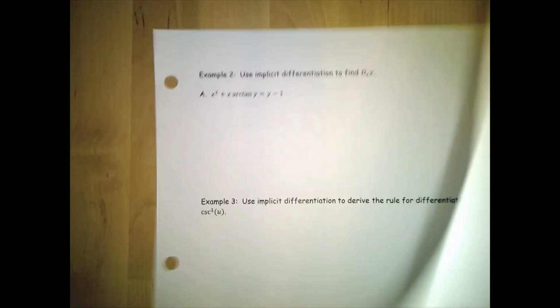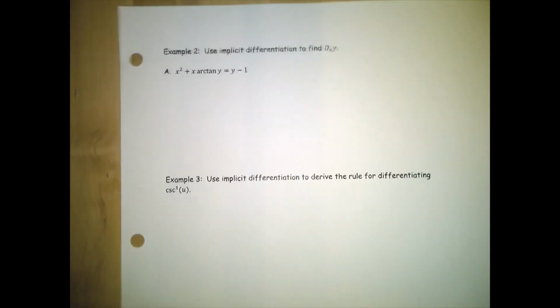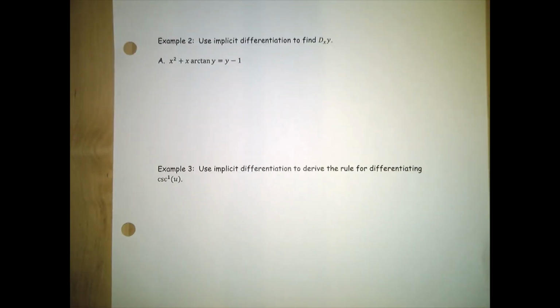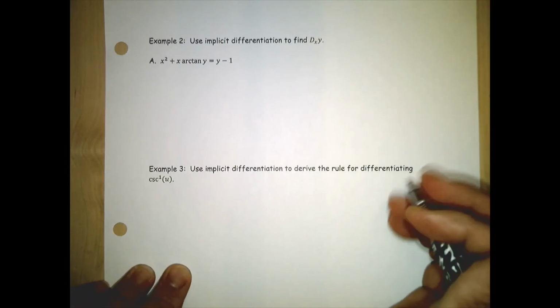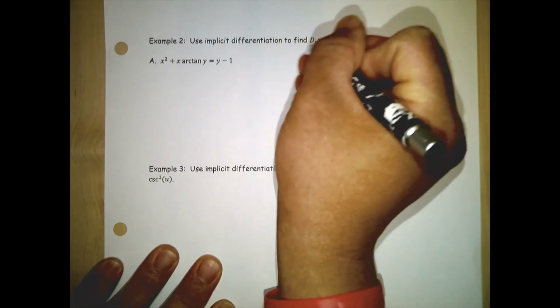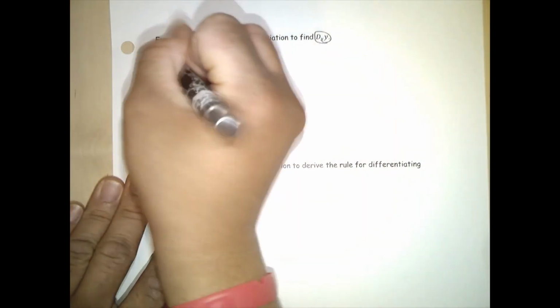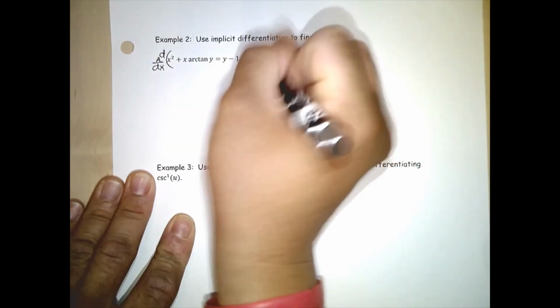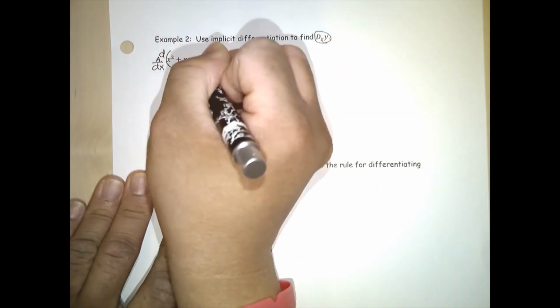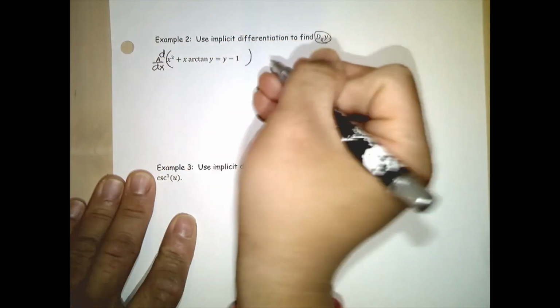So now, here is another great example here. Let's use implicit differentiation to find the derivative of y with respect to x. So dx of x squared plus x arctangent of y equals y minus 1.